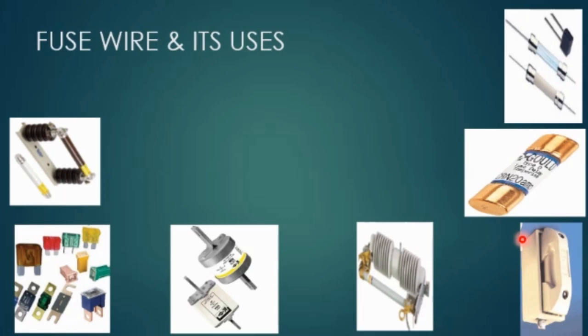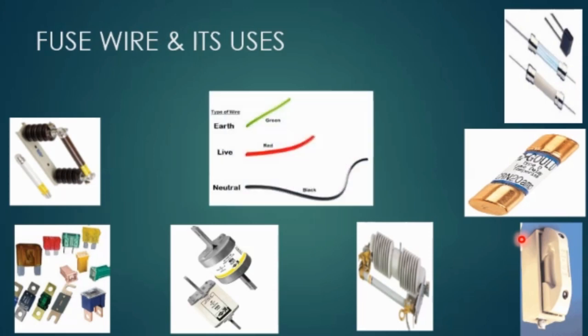What will happen? The wires used in our electrical appliances are three wires: live wire, neutral wire, and green wire. The home electrical connection consists of live, neutral, and earth wires. The live and the neutral wires have a potential difference of 220 volts.